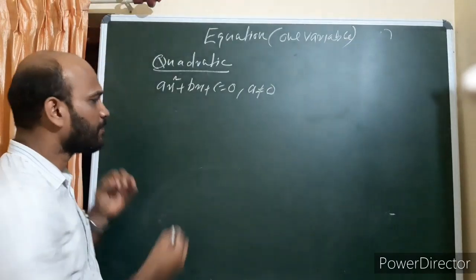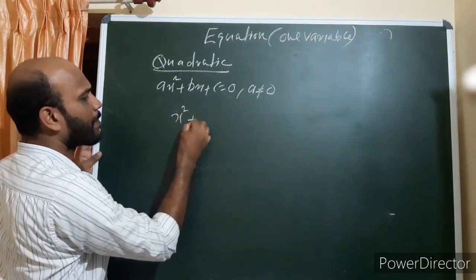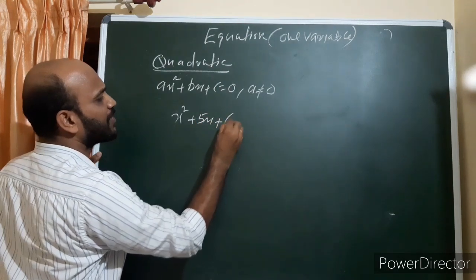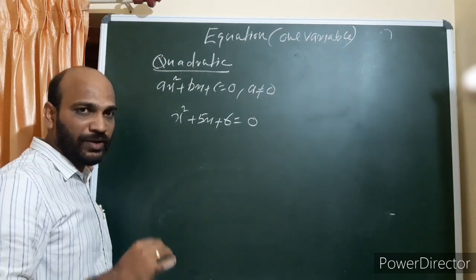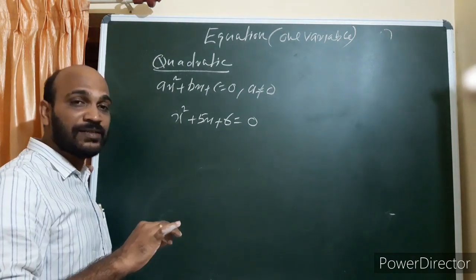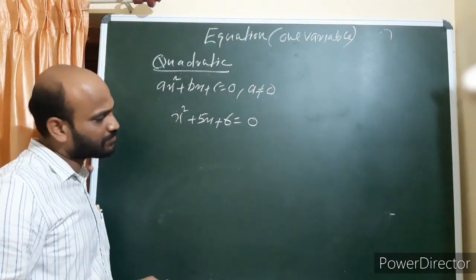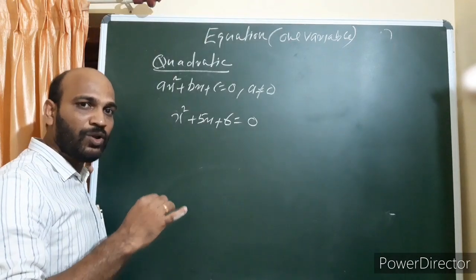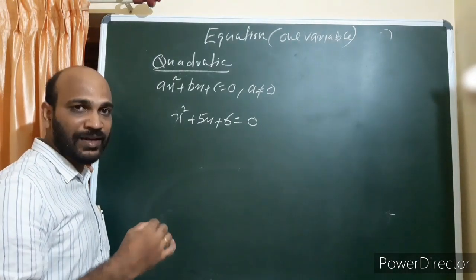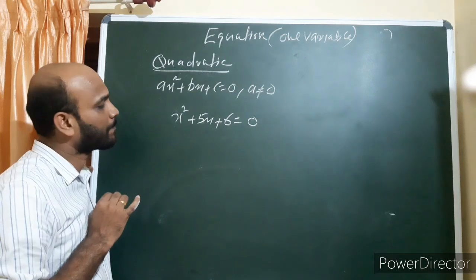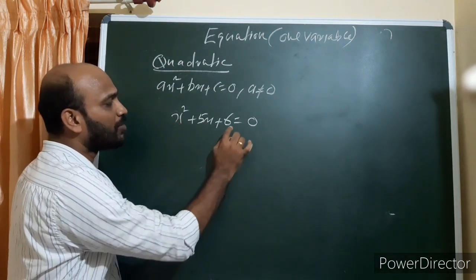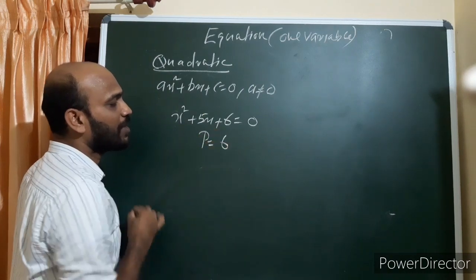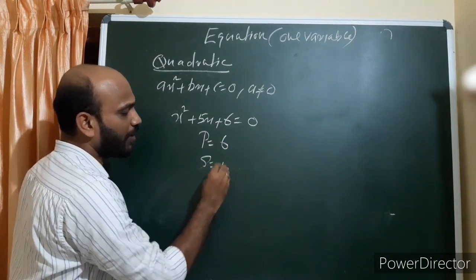Okay, so we can do some examples. Let's consider one question: x squared plus 5x plus 6 equal to 0. We want to find the solution of this quadratic equation by the factorization method. The better one is factorization. If you are not able to find the answer by factorization, go for that formula. So you have to find two numbers with product equal to 1 into 6, that is 6, and sum equal to 5.